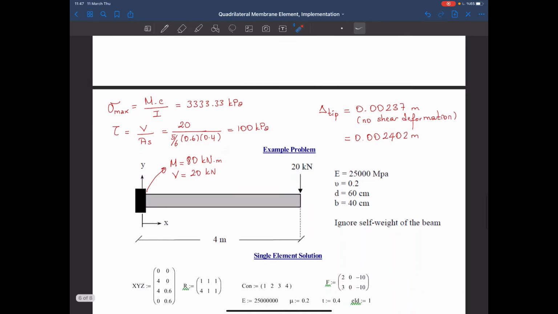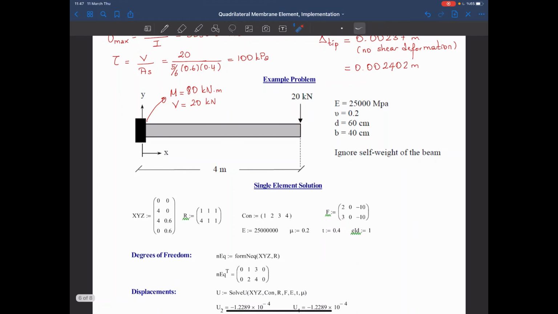Now the first thing that I'm going to do is model this with a single element. With the single element, this is my coordinate matrix, nodes 1, 2, 3, and 4. The restraints, I'm just defining that no translation here at these two nodes.